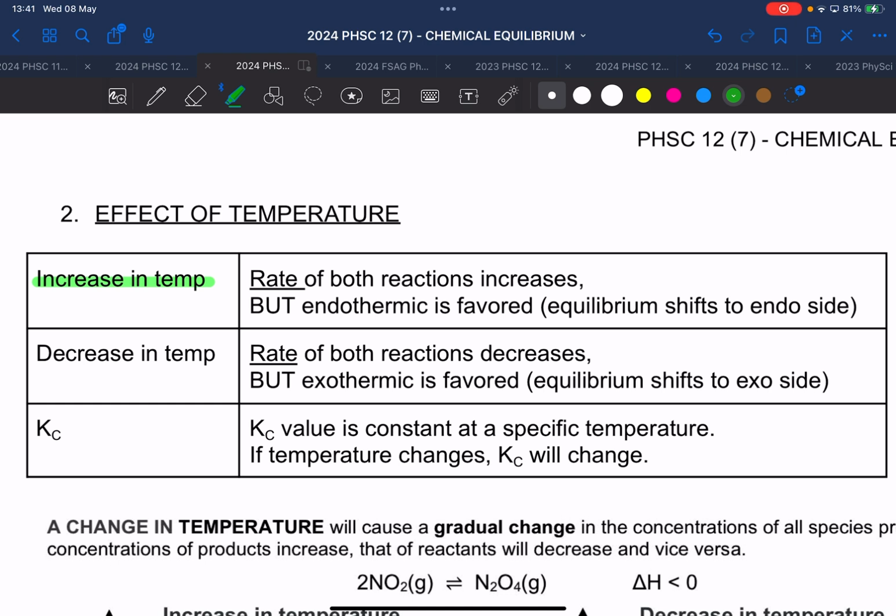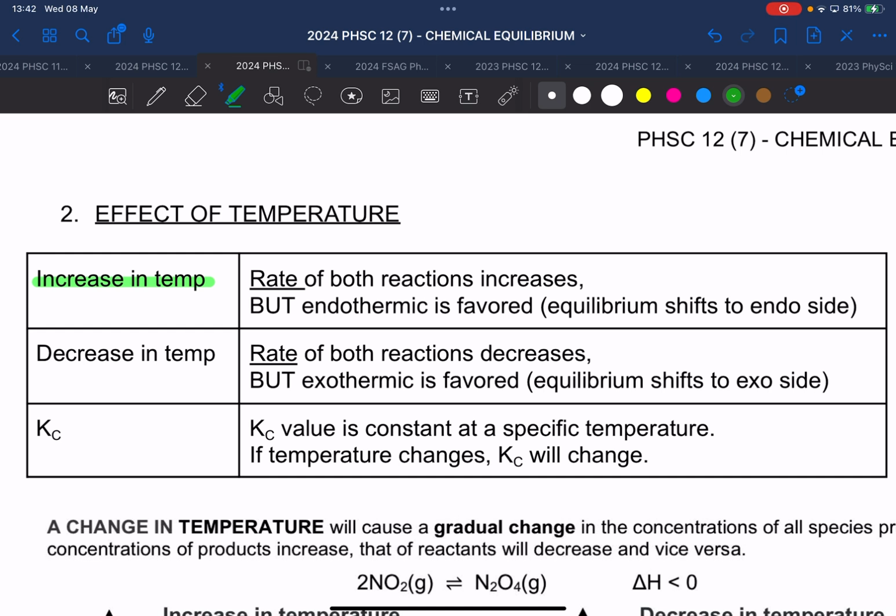Le Chatelier's principle tells us the opposite will happen to establish a new equilibrium, because we want to oppose the change we just made. We added more heat.